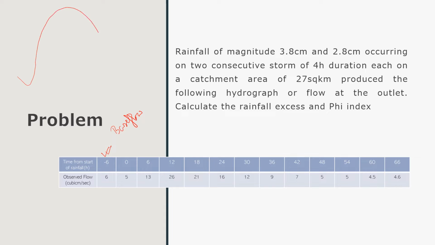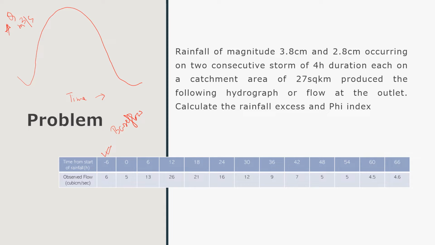I am not drawing as per scale. In this y-axis there will be our Q, or discharge, in meter cube per second, and this will be your time on the x-axis, which will be in 6-hour frequency.